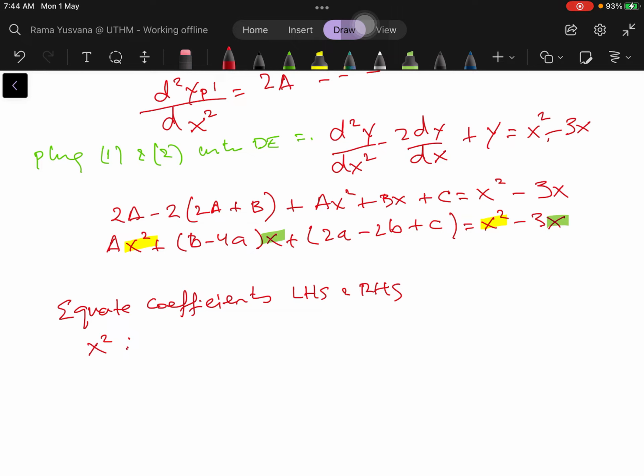So for the case of x square, we have a equals to 1. Okay, this is 1. And for our x to the power of 1, we have b minus 4a equals to negative 3. Okay, this is our negative 3.